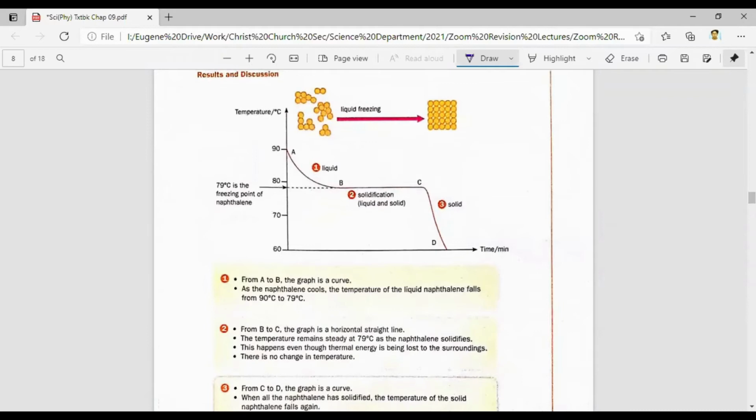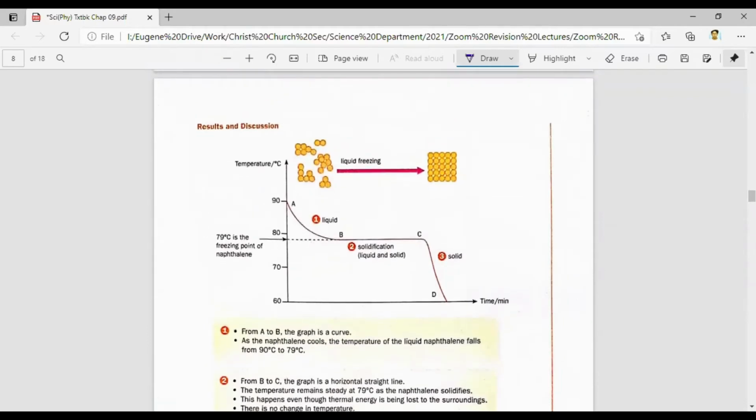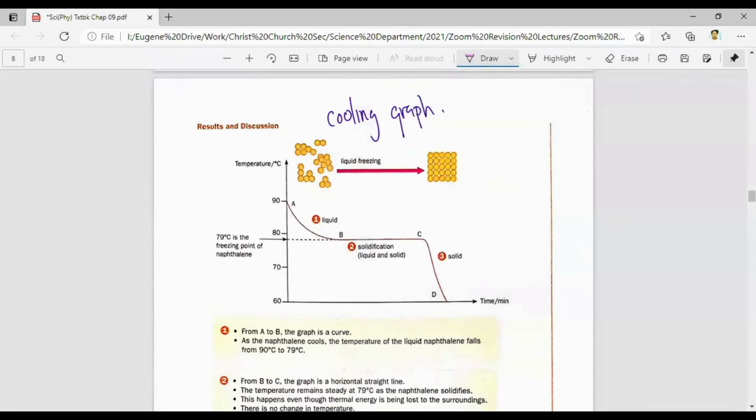Key idea, this graph is the opposite of the one we have gone through. The previous graph we have seen is called the heating graph. This is now known as the cooling graph, because you can see the general trend is temperature is decreasing. So what's happening from the start to the end?